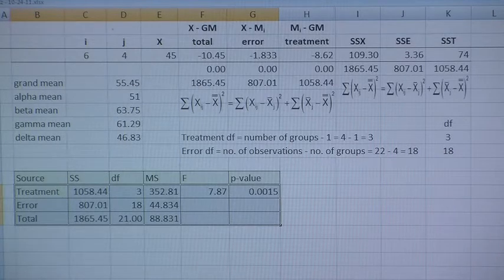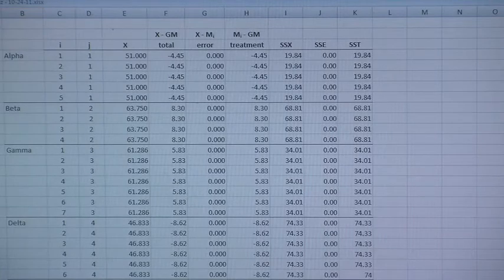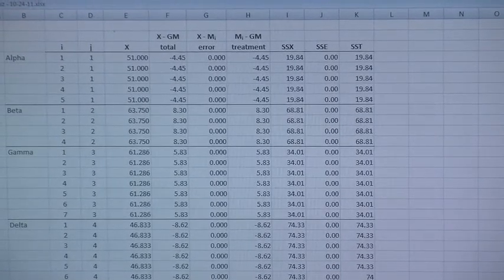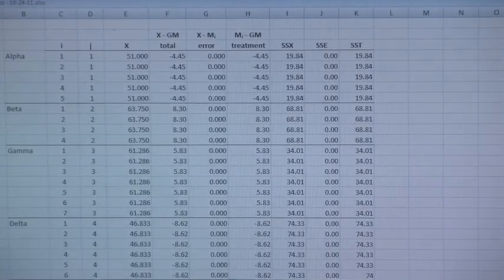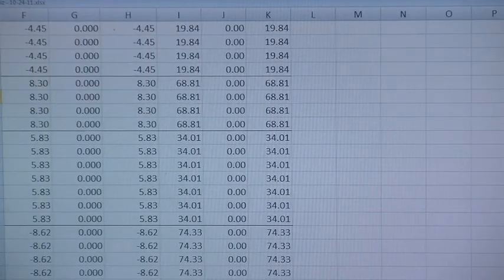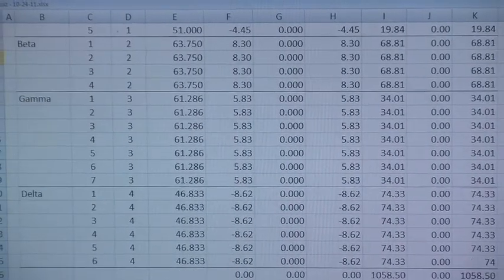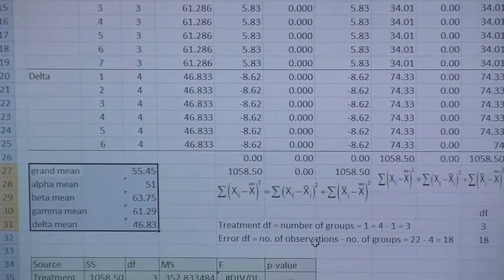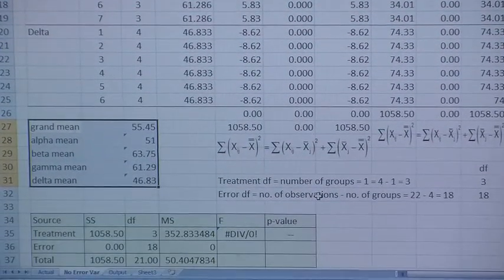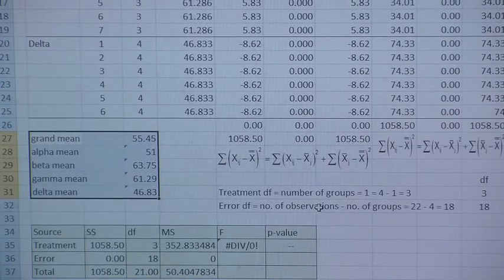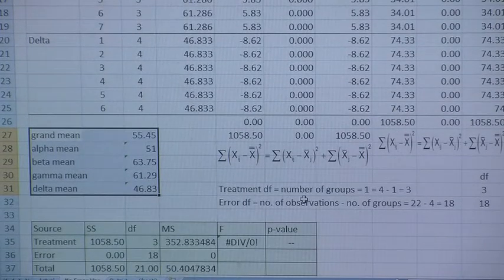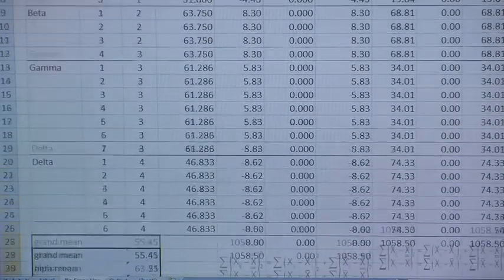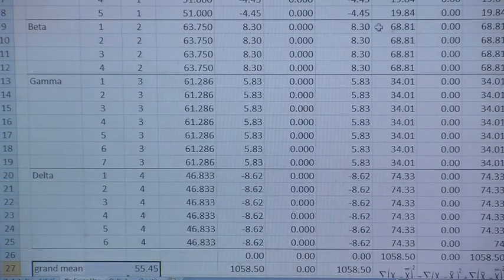Now, one final thing that I want to show you is, notice here, let me change the size of this just a little bit. If you notice here, the grand mean and the group means on this sheet all equal the grand mean and the group means on the previous sheet that I just covered. But look what's different here is that I have no within group variance.